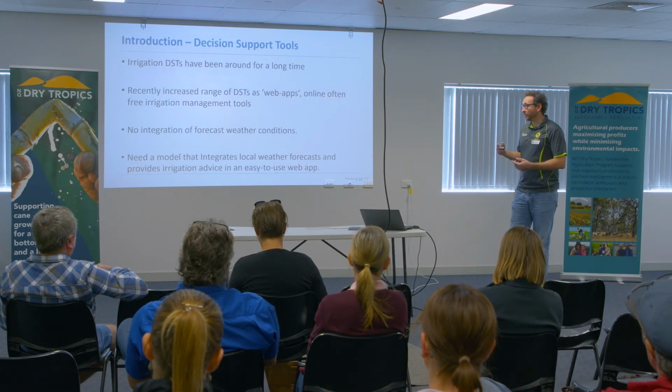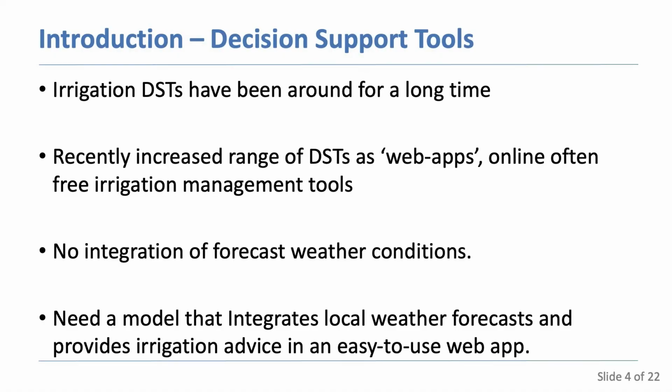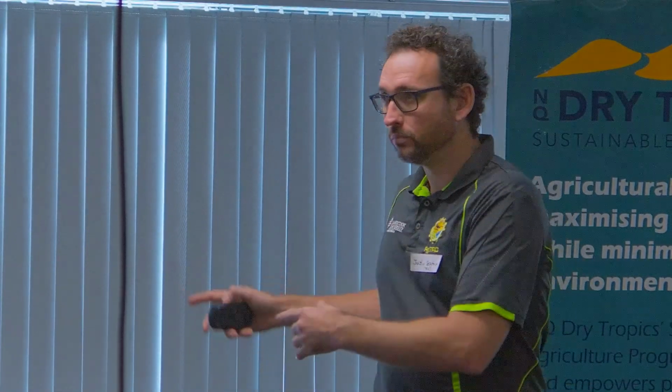The problem with that is that a lot of these tools don't really integrate forecast weather conditions, and if they do, there's limitations around that, because most of the forecasts aren't locally generated. You've got one forecast for the whole Burdekin urban region.